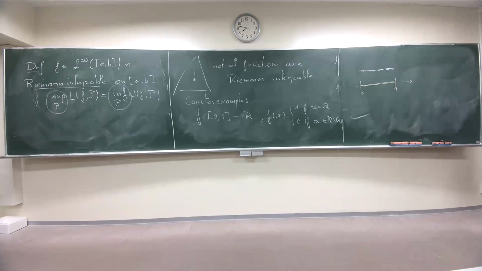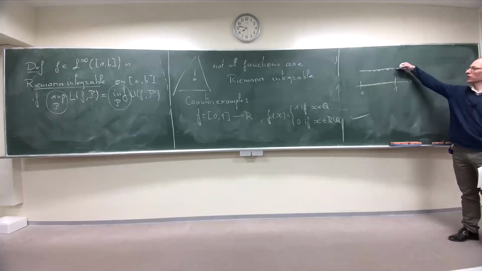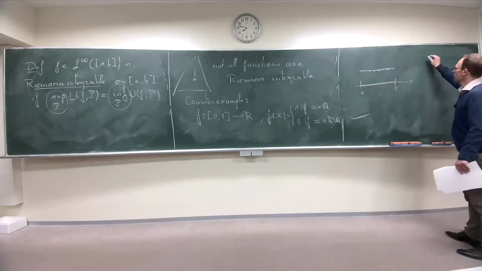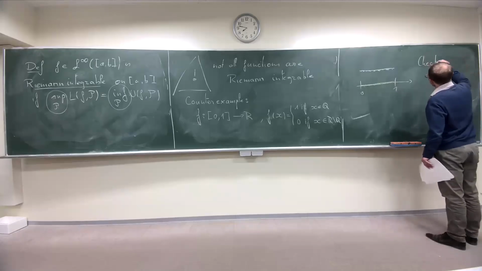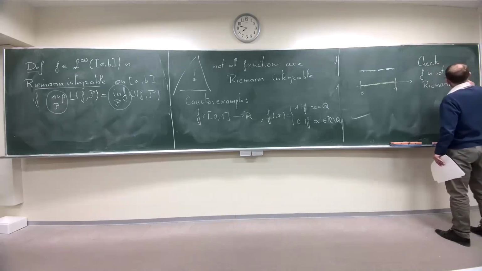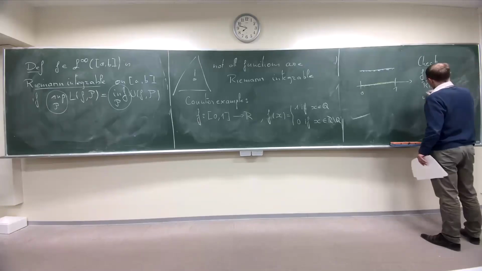You would see two lines. You cannot really see the difference between these two lines. But this is 1 on all rational numbers, and this is 0 on all irrational numbers. Now check, I don't do it, but check that this function is not Riemann integrable. This is also an exercise that everybody can do.